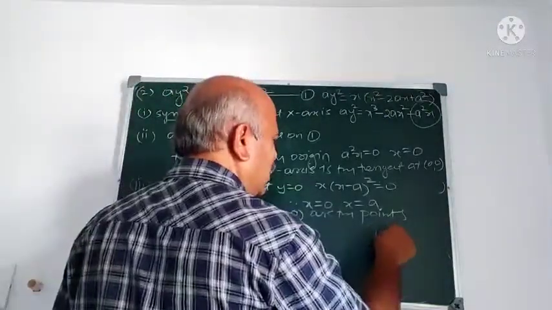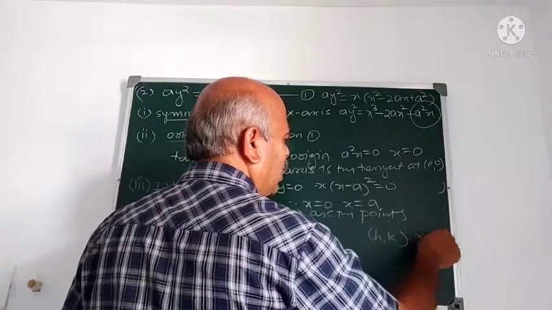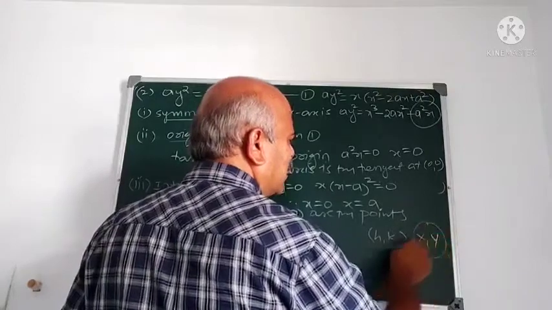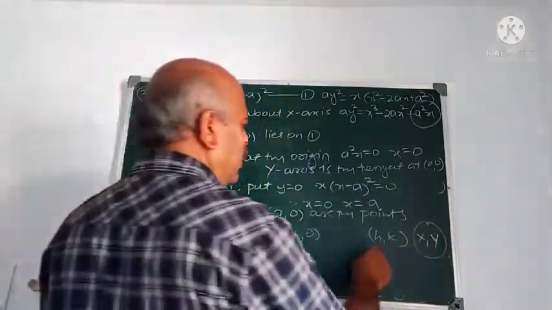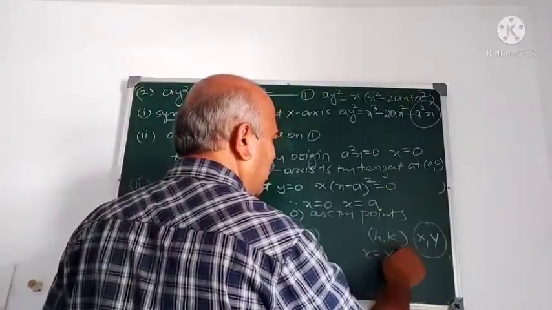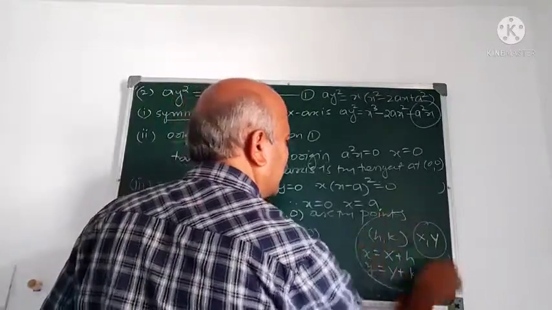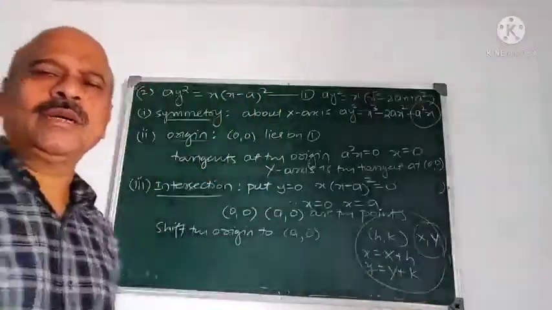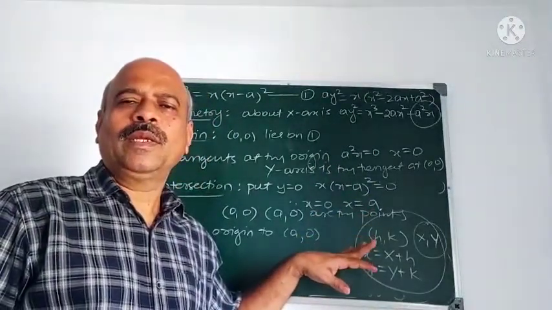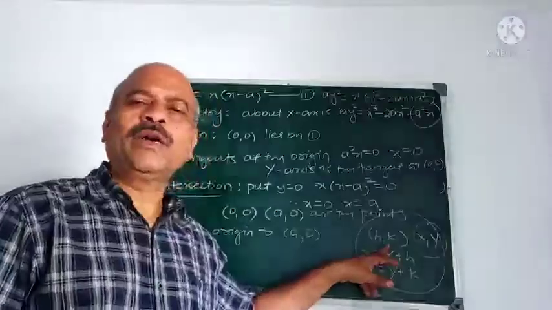If we shift the origin to (h, k) and take capital X, Y as the coordinates of the point with reference to the new axes, then the relation between capital X, Y and small x, y is: small x is equal to capital X plus h, small y is equal to capital Y plus k. You go through this one; that is a separate topic, shifting of origin. If you have not studied it in earlier classes, go through it.